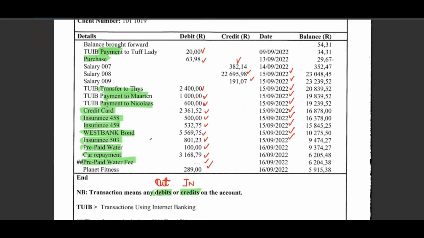So transactions made on the 15th, we count them, right? 1, 2, 3, 4, 5, 6, 7, 8, 9, 10. All right. So there are 10 transactions done on this day.